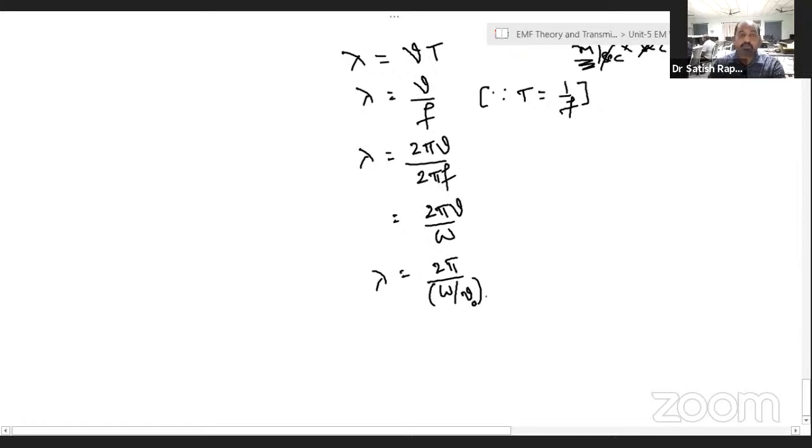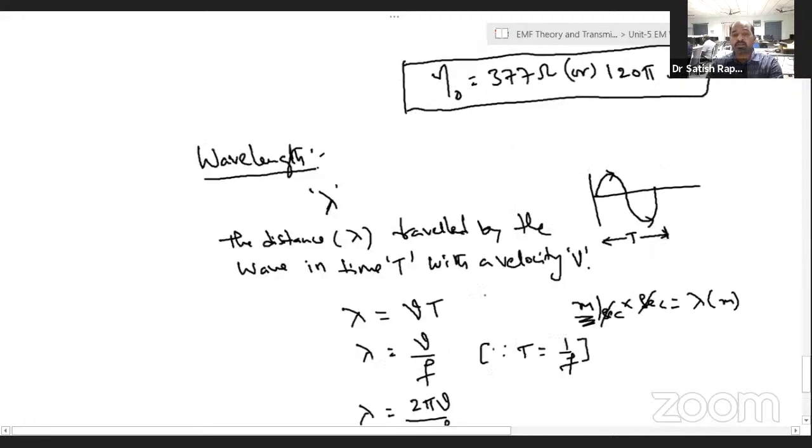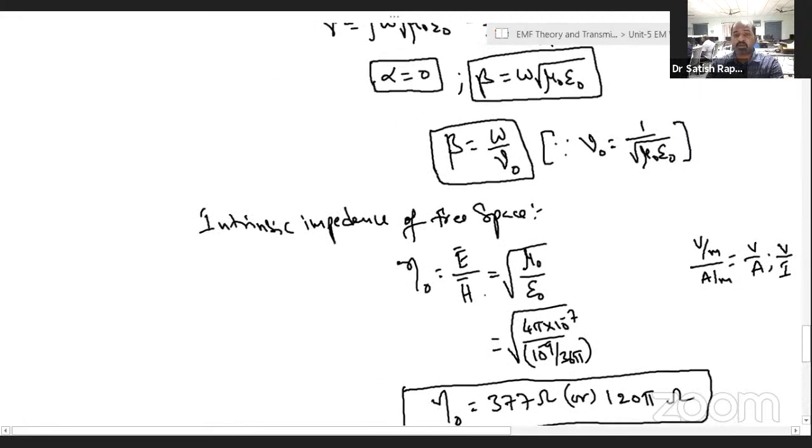For free space it is v naught, so omega by v naught. So what is omega by v naught? Omega by v naught is beta, the phase constant.